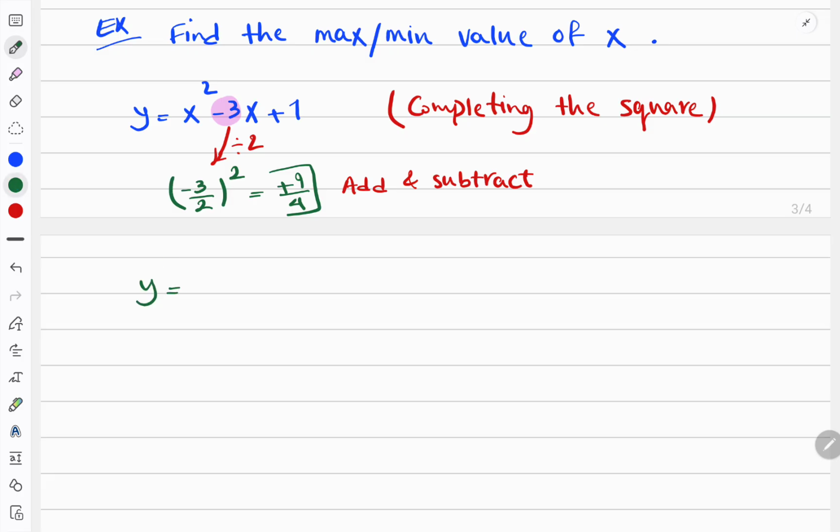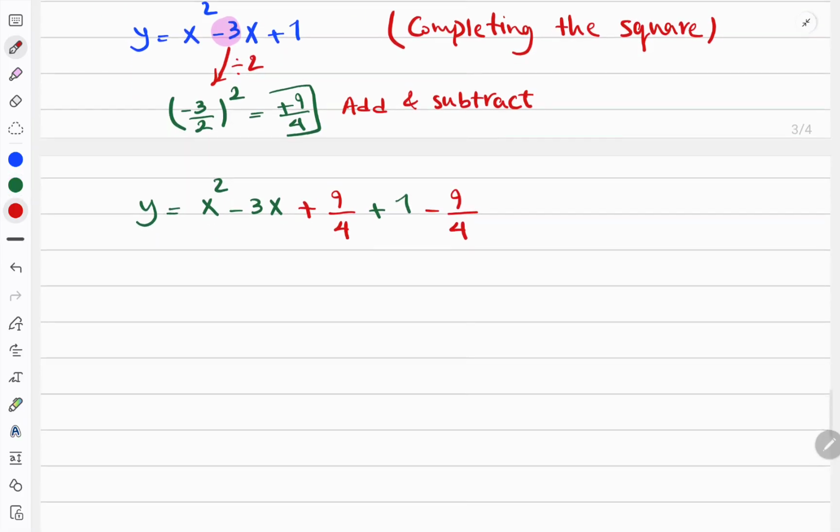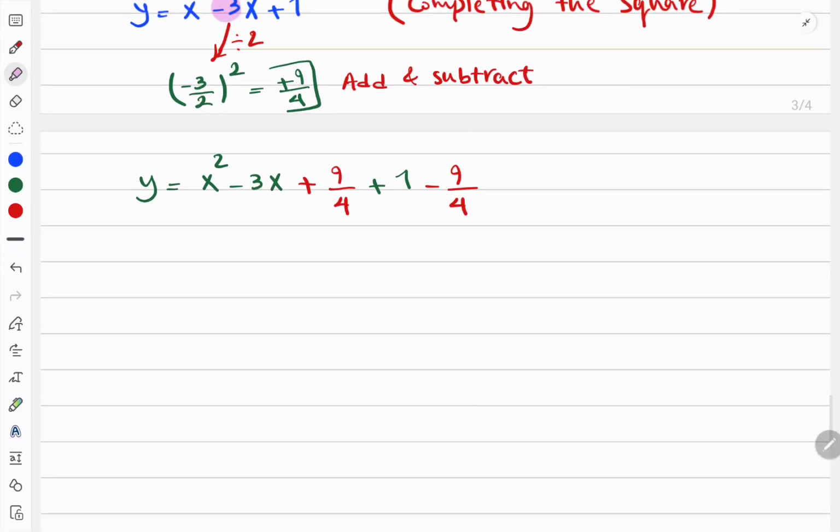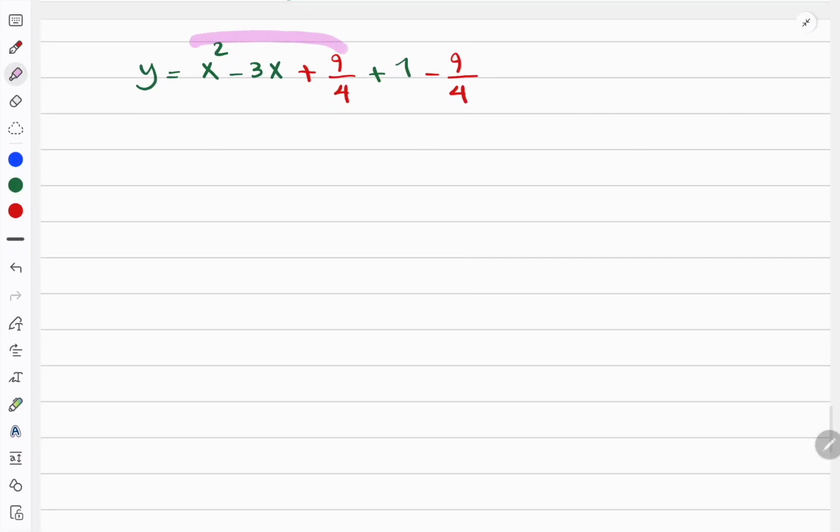So y is x squared minus 3x plus 9/4 plus 1 minus 9/4. And for these three terms, we can write x minus 3 halves squared. This is a perfect square identity.